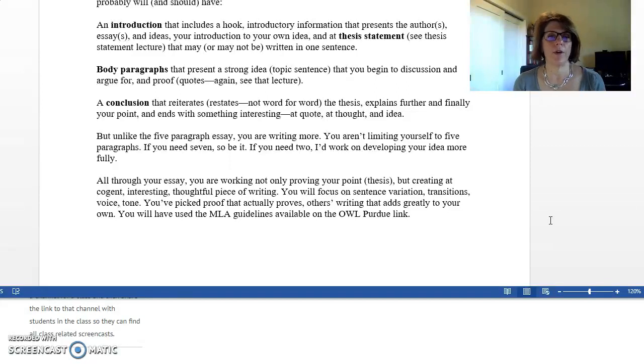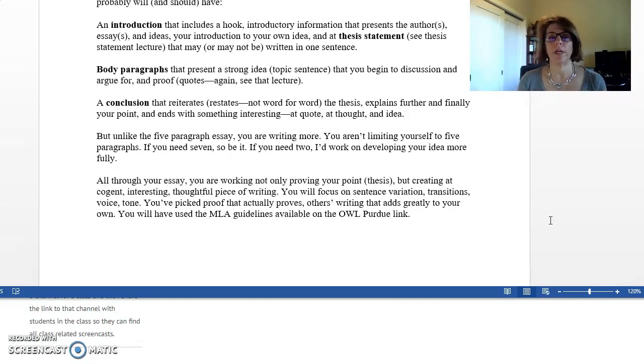Body paragraphs present a strong idea that you begin through discussion and argue. In your body paragraph, you have your idea, a topic sentence, your thoughts, and proof, probably quotes from the essay you've been reading or the research you've done, and then you end with your great idea.